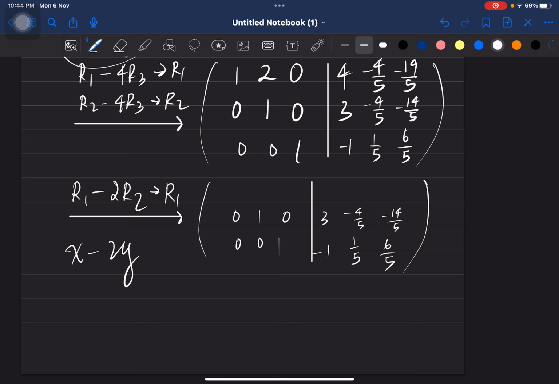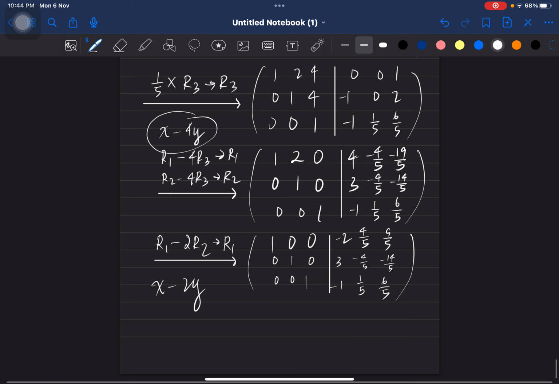So 1 and 0, still 1, 2 and 1 you should get 0, 0 0, 4 and 3, -2, negative 4 over 5 with negative 4 over 5, 4 over 5, negative 19 over 5, and negative 14 over 5, 9 over 5.